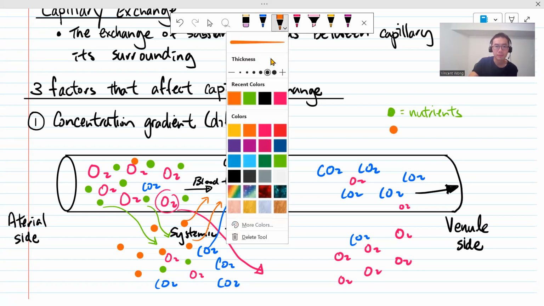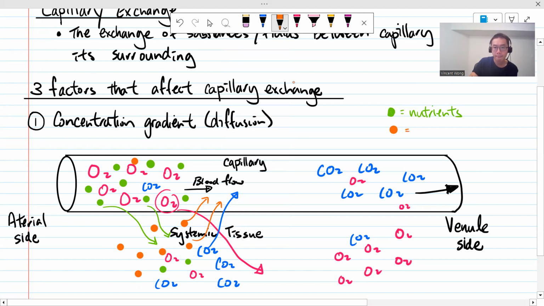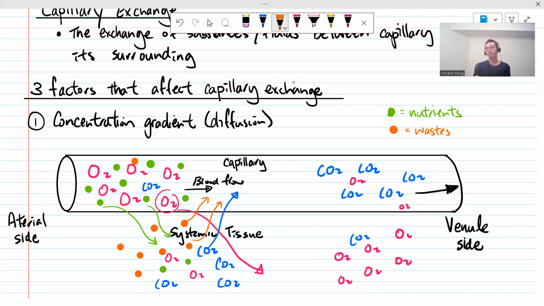There we go. So no energy is required. It just happens on its own. Things naturally go up and down their concentration gradient.